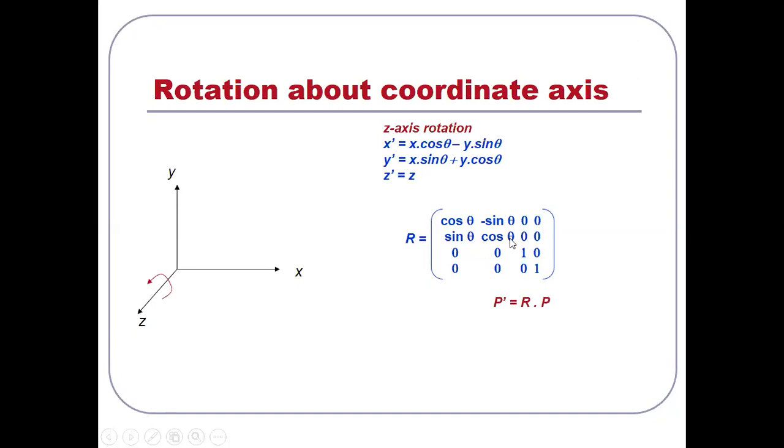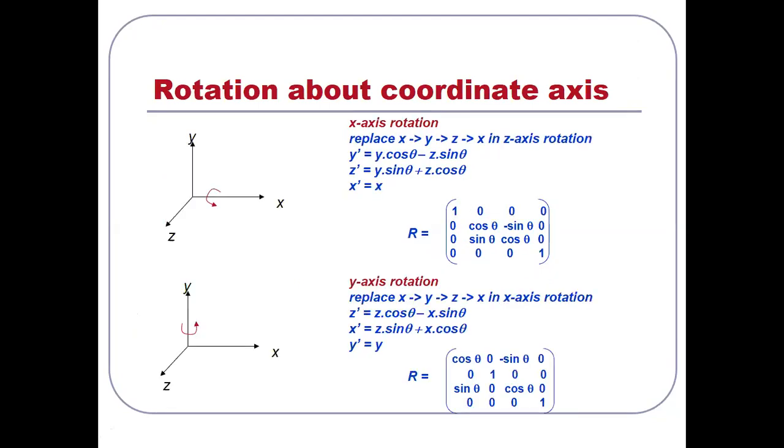Alright. Now if you want to rotate the same object via the x-axis, look at this line: x, y, z, x. So x comes after z.